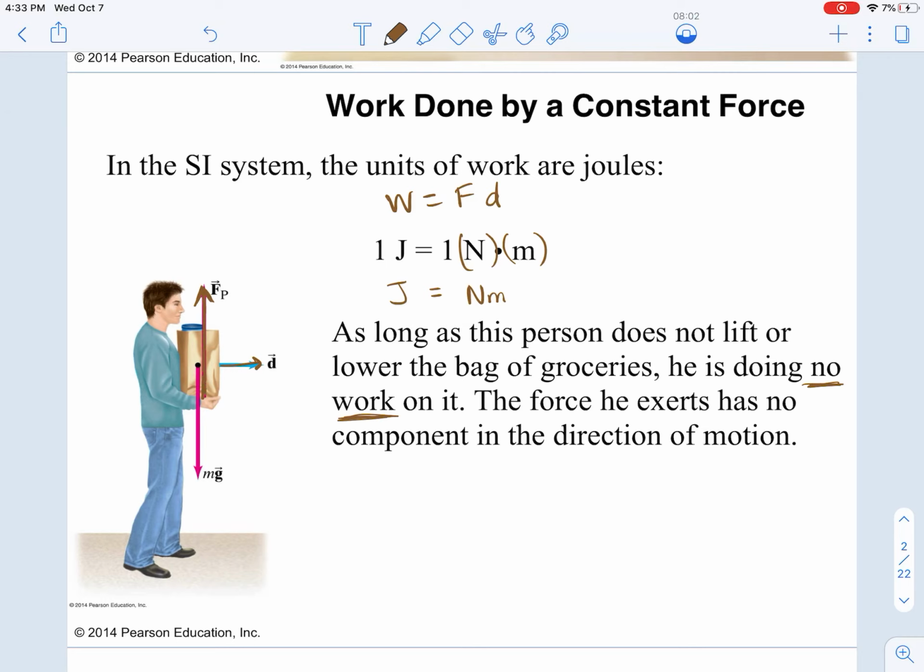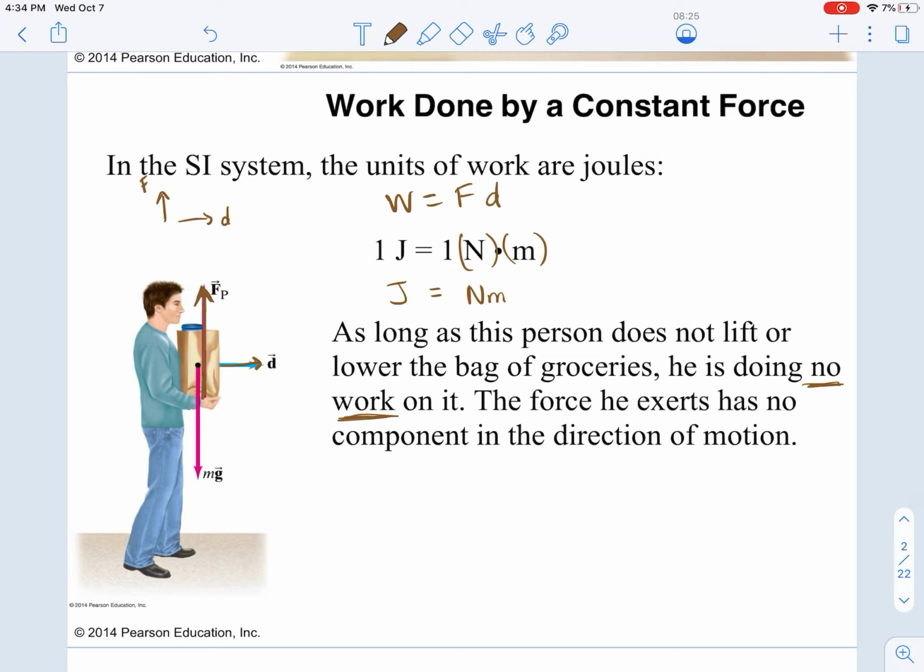So this force is in the vertical upward direction. The displacement is in the horizontal or to the right direction. Now, because these two vectors are not in the same direction, we would say that he does zero work.